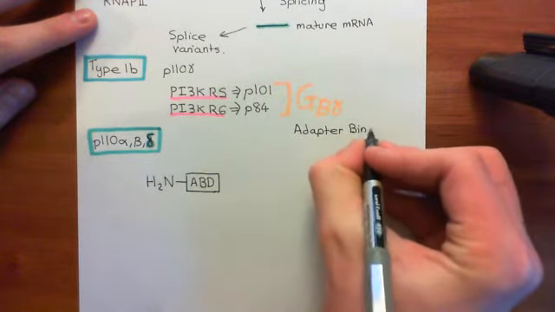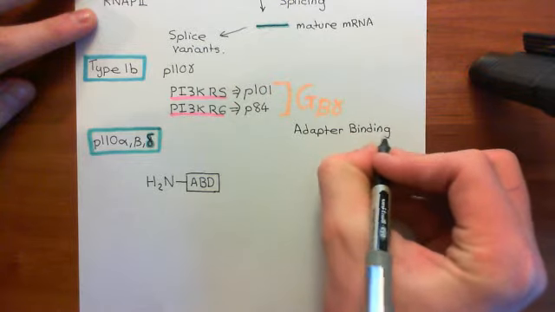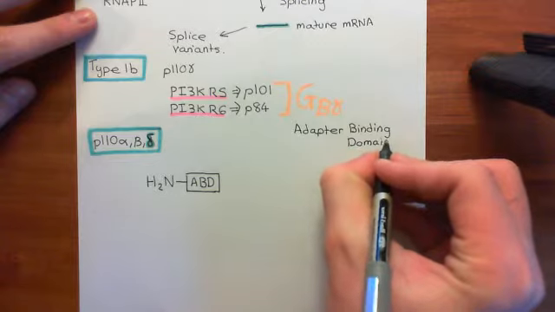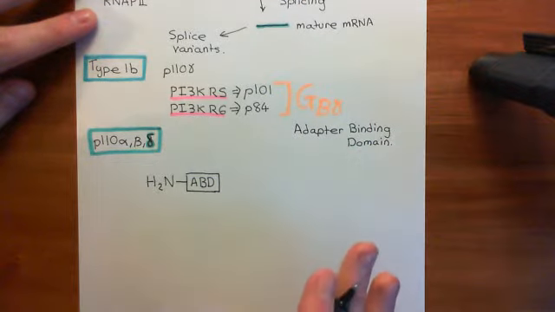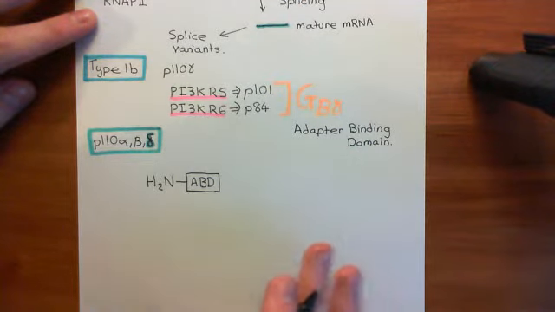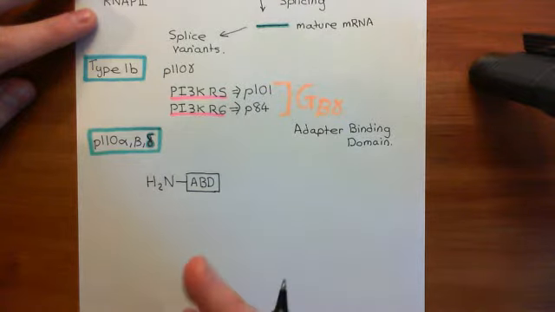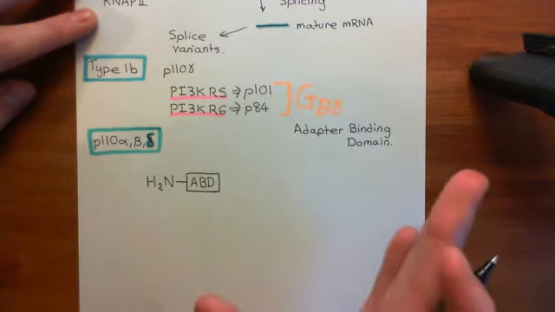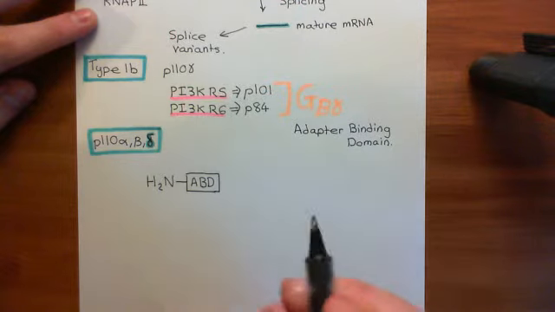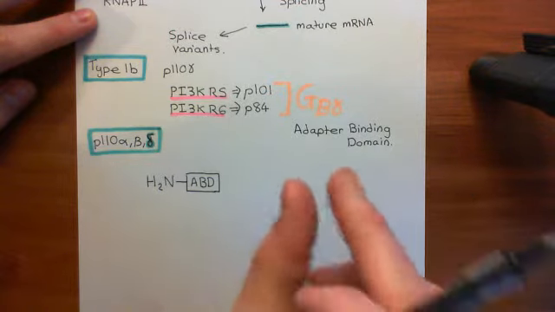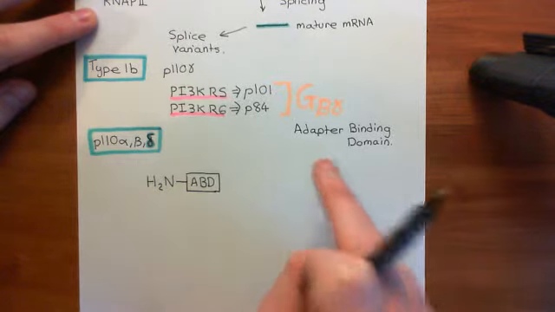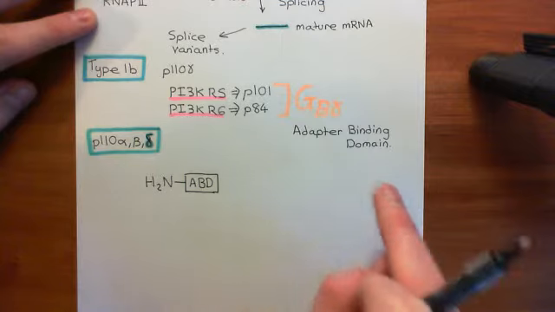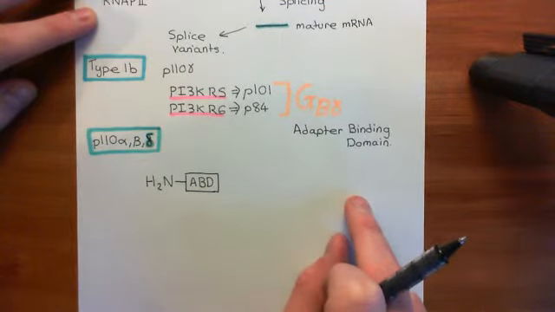Why is it called that? Well, it's one of the portions, as we'll see, that is going to interact with the regulatory subunit of the PI3 kinase enzyme. The regulatory subunit is going to interact with the receptor tyrosine kinase. So you're going to have receptor tyrosine kinase becoming activated, then it's going to bind to the regulatory subunit, and then that binding is going to activate the catalytic subunit.